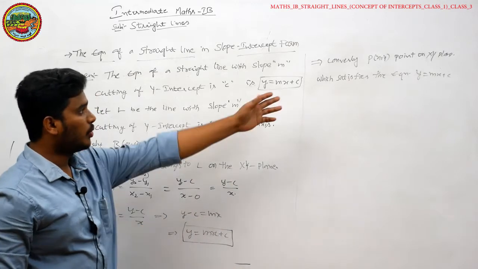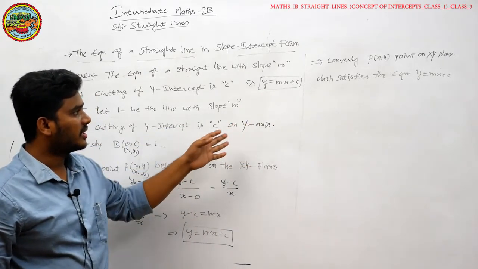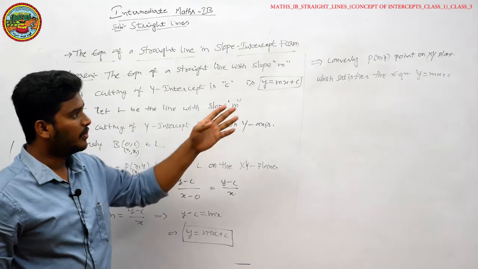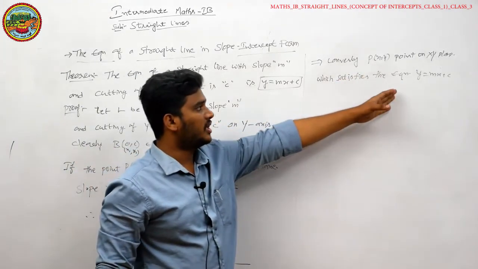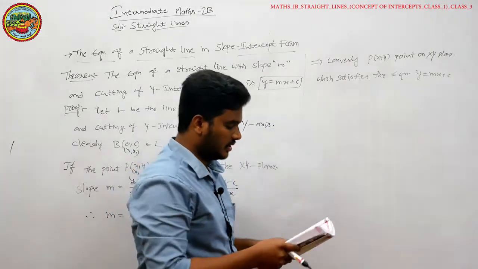Okay, so the point P lies on the xy plane, and the locus of P is y is equal to mx plus c. We have to prove that the locus of P is y is equal to mx plus c.